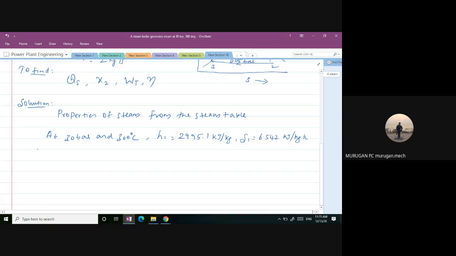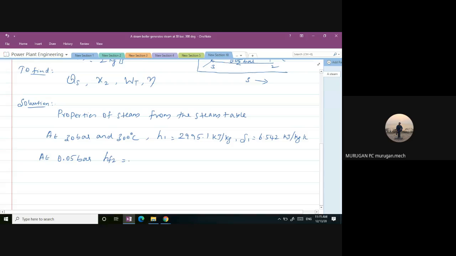Similarly, at 0.05 bar, we have to find the condition of the steam. So we take the Hf2 value, that is 137.81 kilojoule per kg, and Hfg2 is 2423.8 kilojoule per kg.